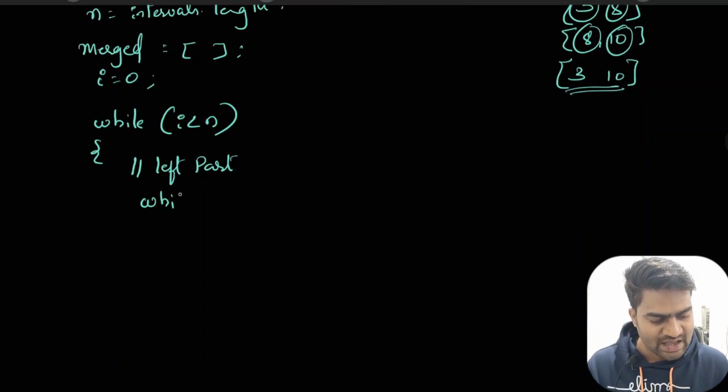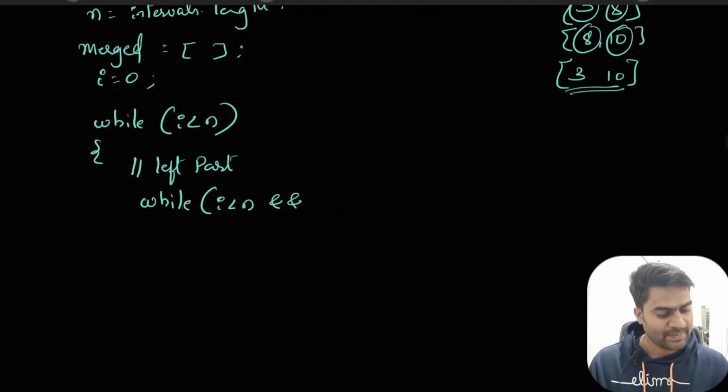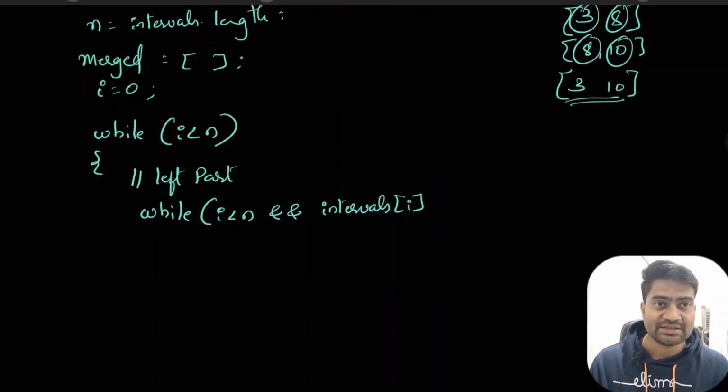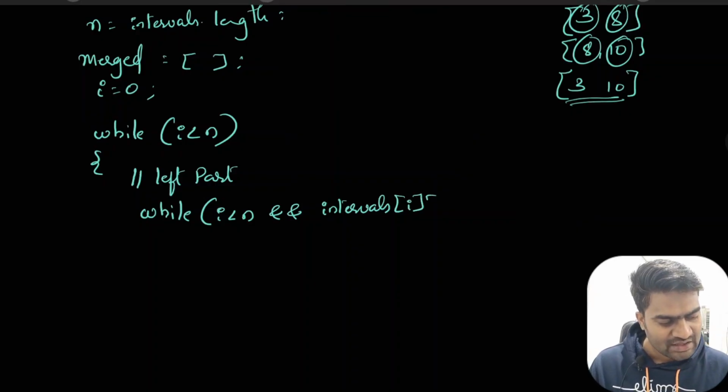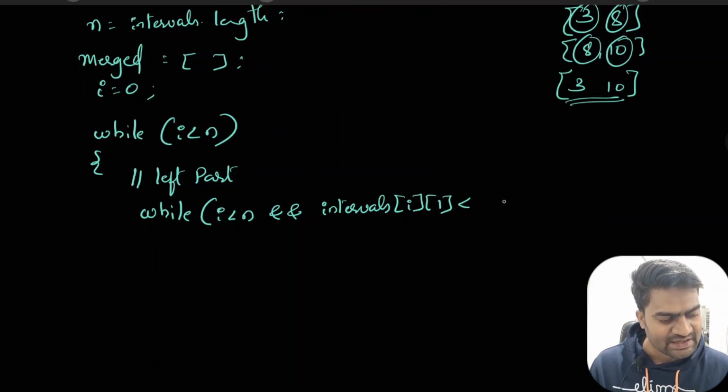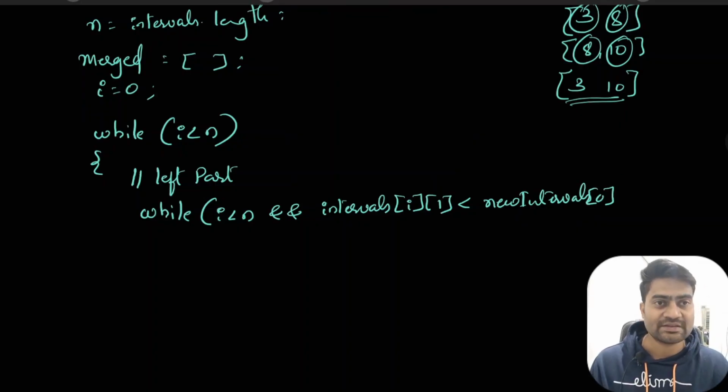So as long as i is less than n, the other condition would be: intervals of i, this is the current interval, basically its end value, as long as it is less than newInterval of 0, the start value in the new interval.